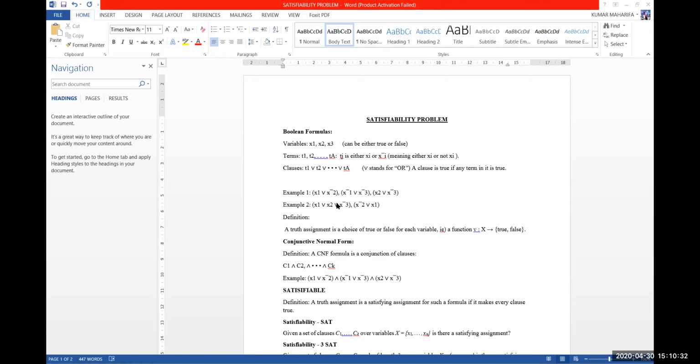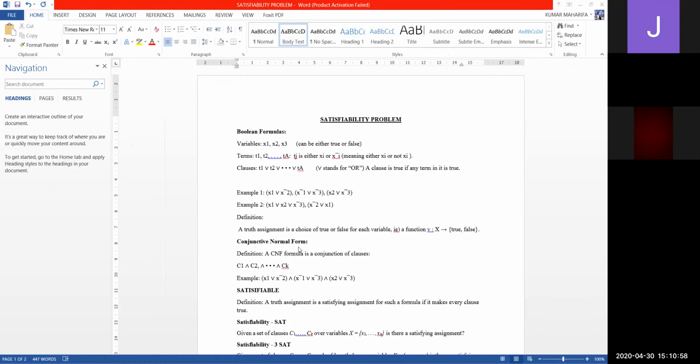The simple meaning is that the clause, function, Boolean formula or conjunctive normal form is satisfiable if and only if it gives the final answer true. The truth assignment means assigning a particular variable, such as x1, true or false.